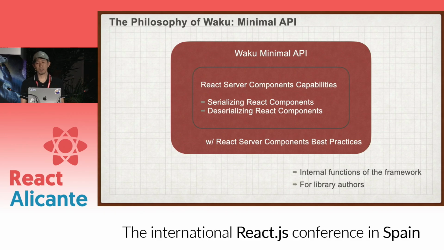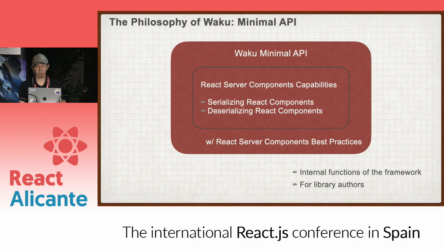It may not be widely known, but the basic capability of React Server components is primitive. At the core, it is to serialize React components on one end and deserialize them on the other end. What I would like to achieve with Waku is to provide a primitive capability of React Server components.